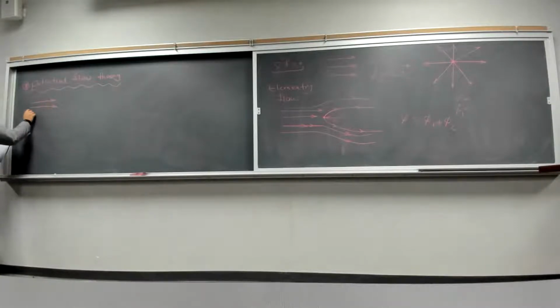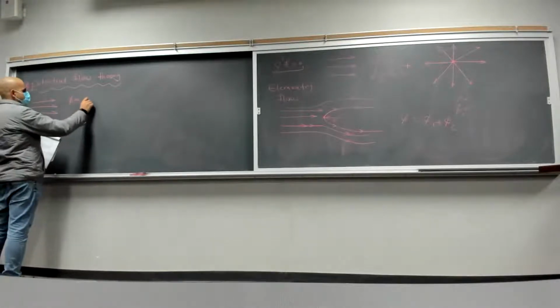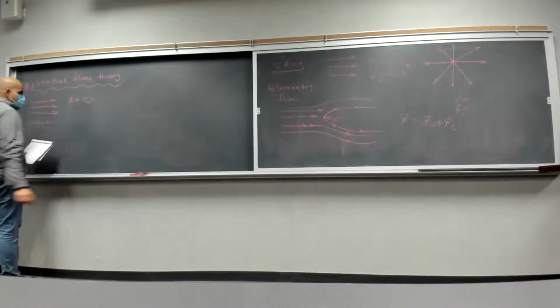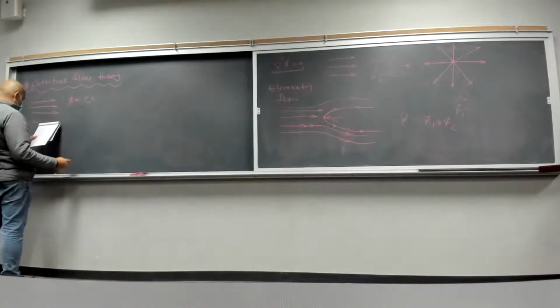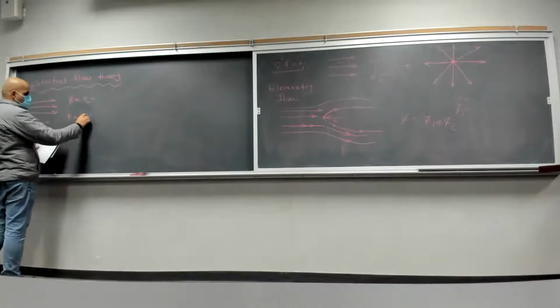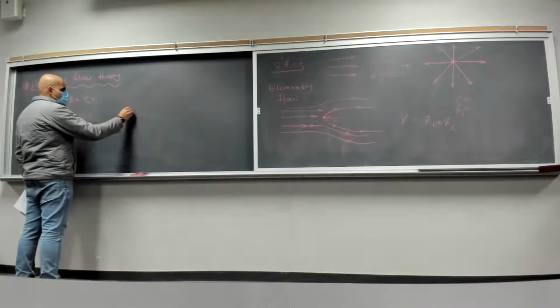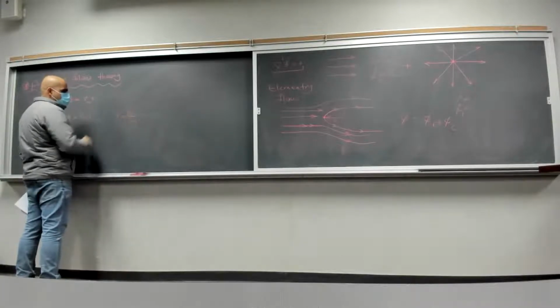The first elementary flow is the simplest type of flow, a uniform flow in which all of the streamlines are moving at a velocity v infinity. The velocity potential for this is going to be v infinity multiplied by x, and the stream function is going to be v infinity multiplied by y, for a very simple reason. The stream function is defined such that u is the partial of psi with respect to y, right?